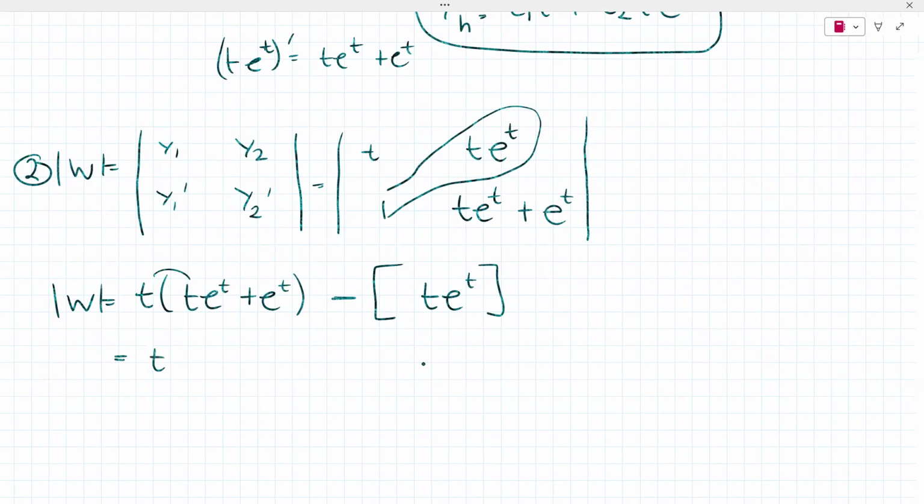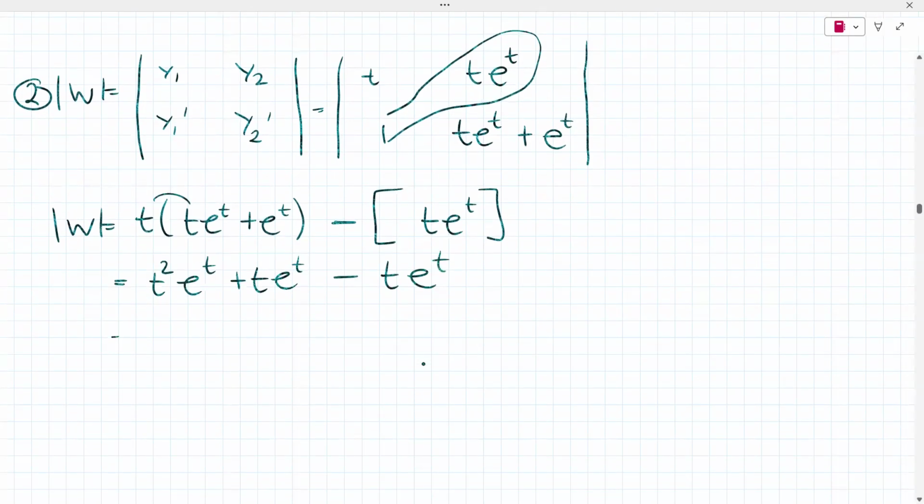This is going to be t squared e^t plus t e^t minus t e^t. And if you clean it up, this cancels, right? So now you're just left with the Wronskian determinant being t squared e^t.